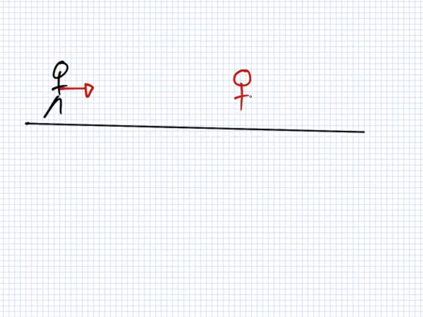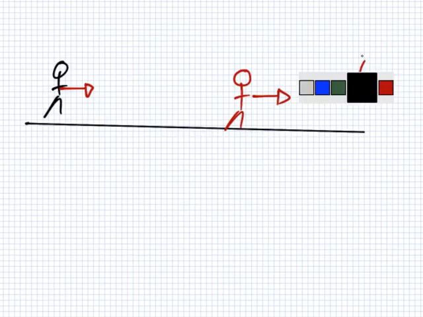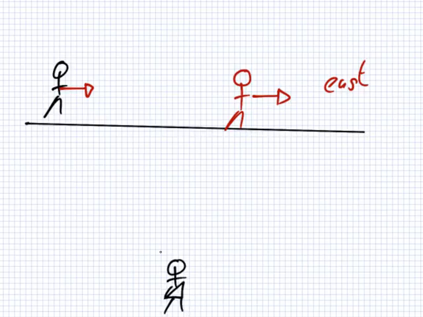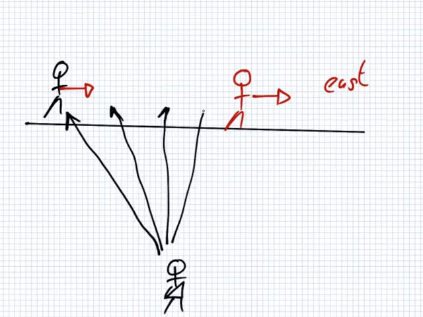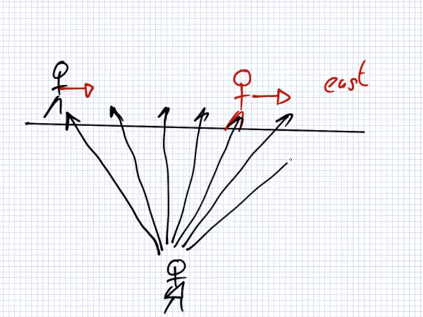When he's here, his velocity vector is still the same, heading to the east. But the displacement points to where he is. That one changes because every second he's somewhere else.